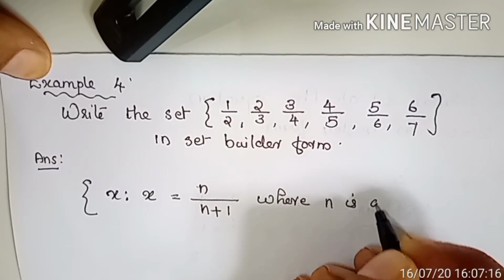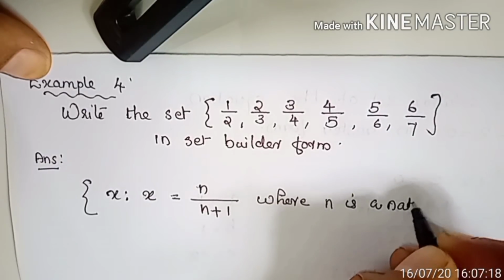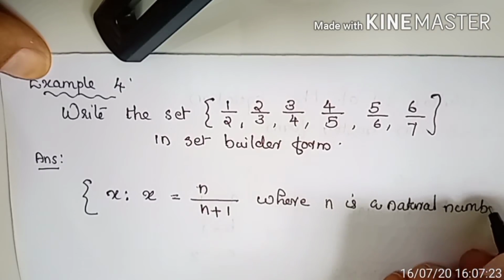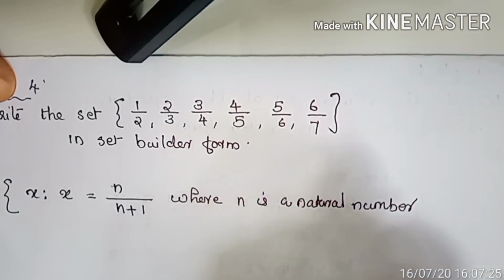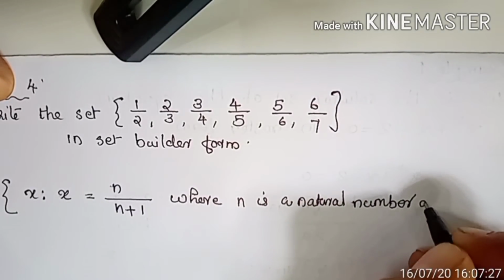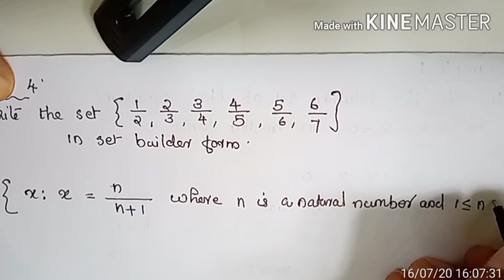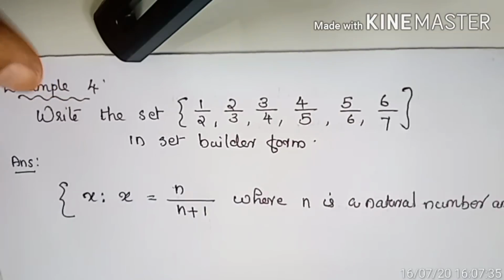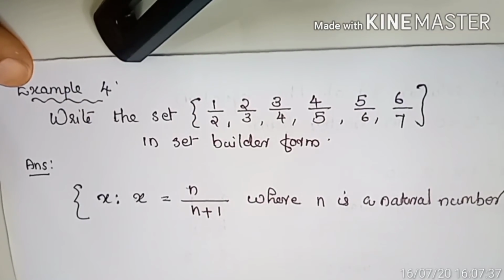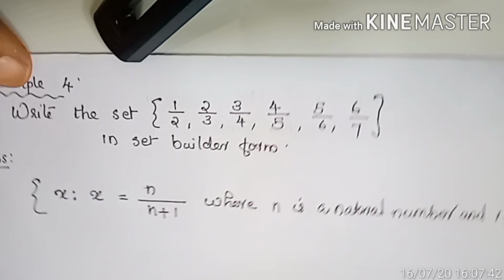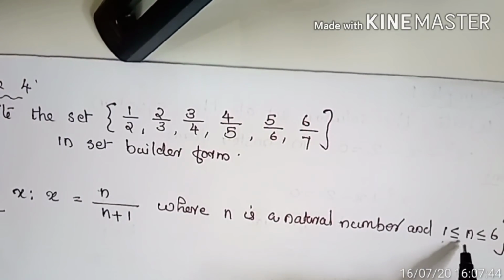And where n is a natural number, but not all natural numbers. 1 less than or equal to n less than or equal to 6. Also the number begins from 1 and does not exceed 6.